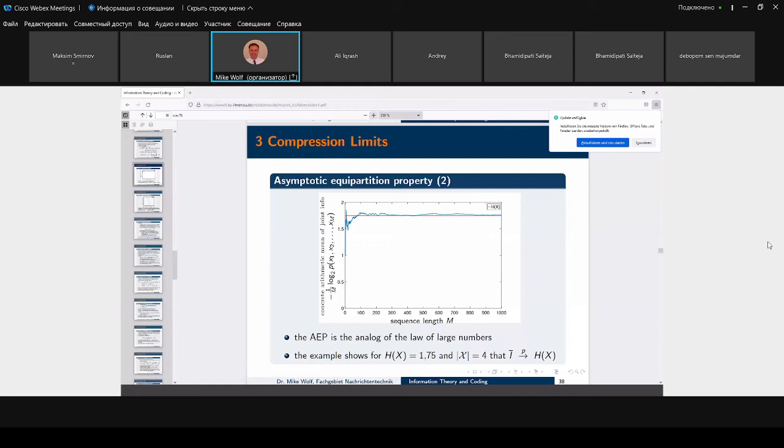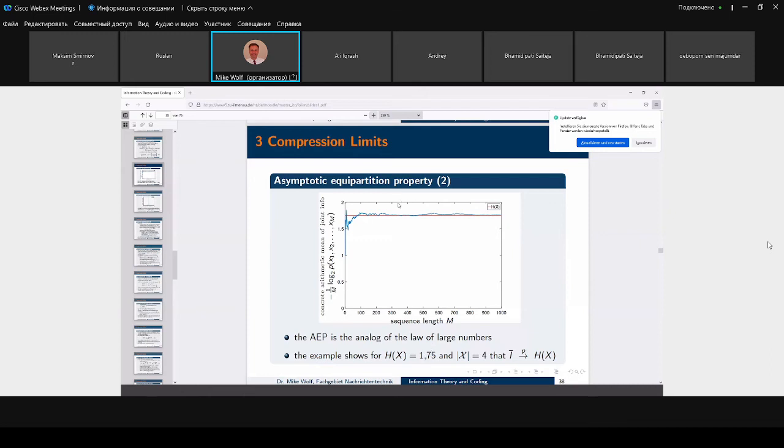If we had equally distributed values, the same probability, 1 by 4 each, the entropy would be 2 bits. But here it's only 1.75 bits.